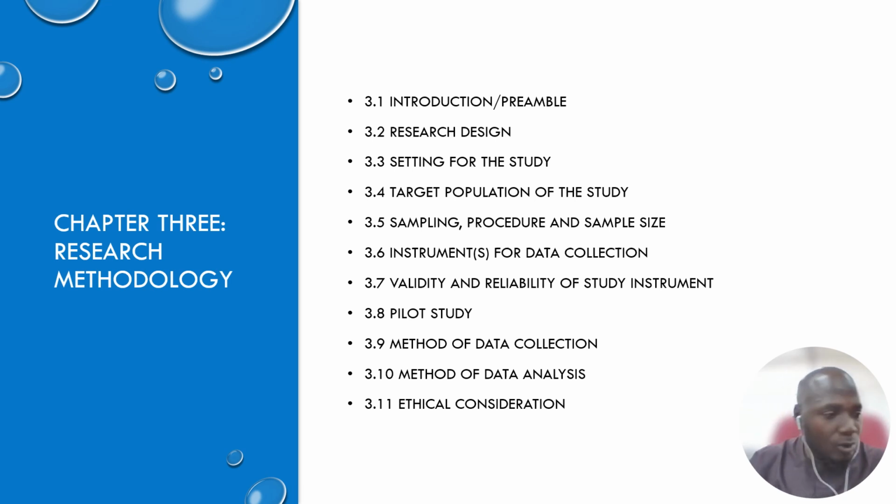Then you go to 2.3.3, where you go back to your objective, which says ascertain the challenges associated with the application of information communication technology. Then you write challenges associated with the application of information communication technology, in respect to job performance. So you get different researches that talk about that.